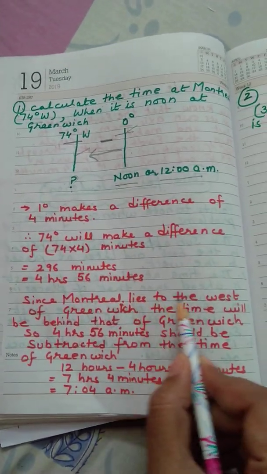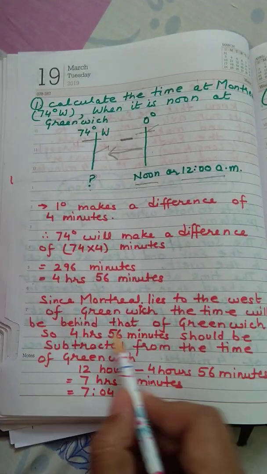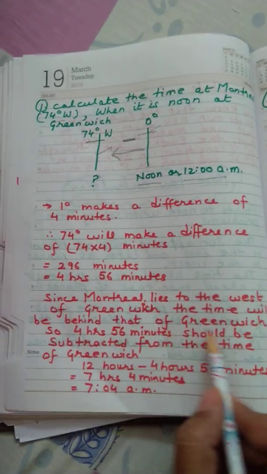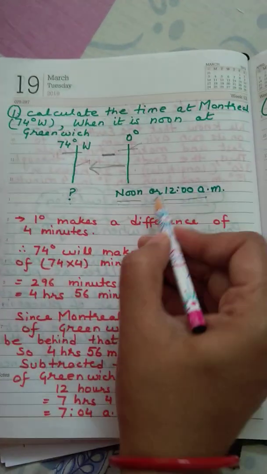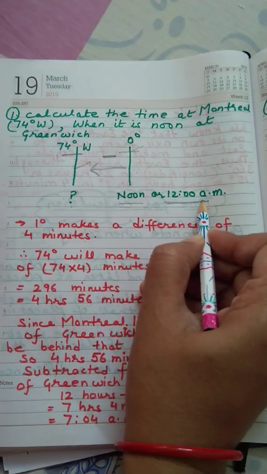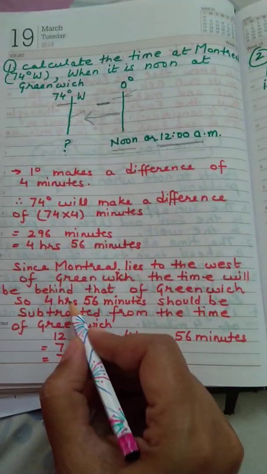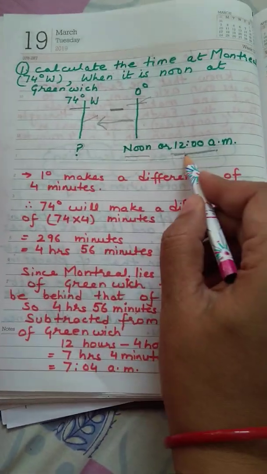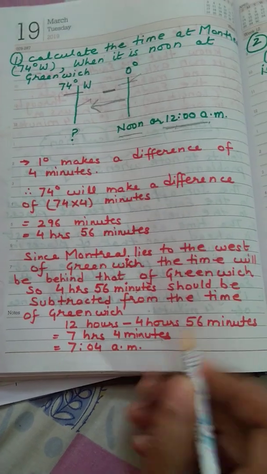Since Montreal lies to the west of Greenwich, the time will be behind that of Greenwich. So 4 hours 56 minutes should be subtracted from the time at Greenwich. So 12 noon is there, and we have to subtract 4 hours 56 minutes from 12 noon. We will get the answer 7 hours 4 minutes.